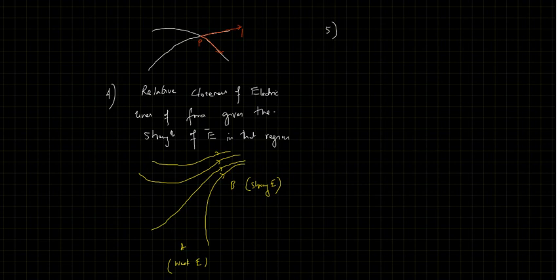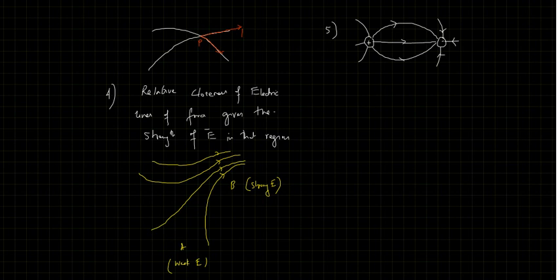Okay? Then, imagine I have one plus charge and one minus charge. How are the electric field lines? They start from here and end like this. So if I try to bring these charges close, what will happen to the electric field lines?